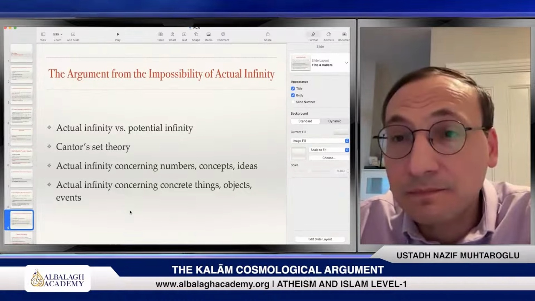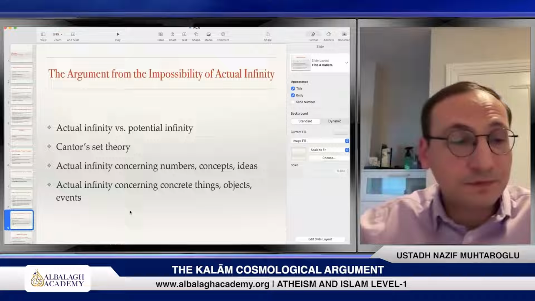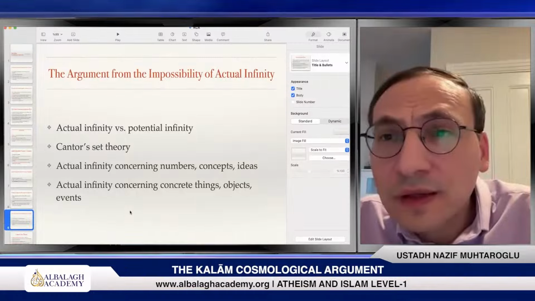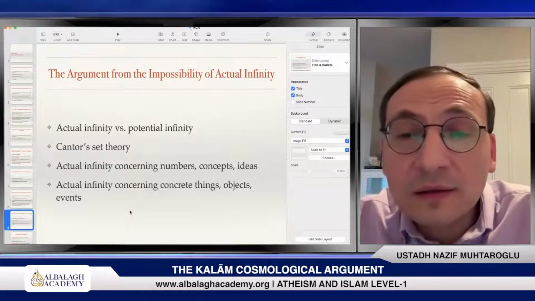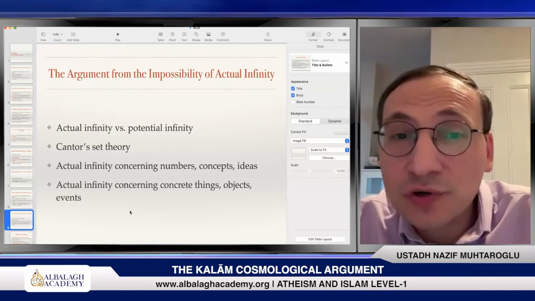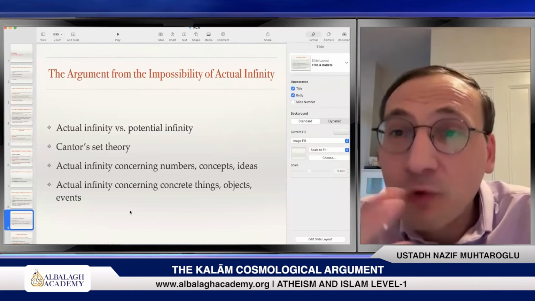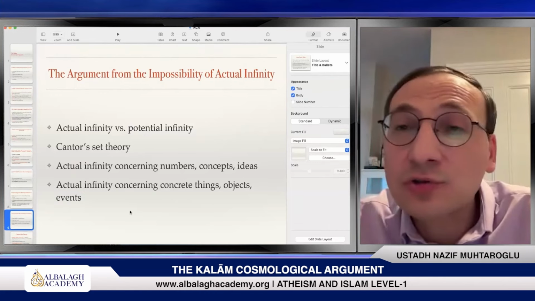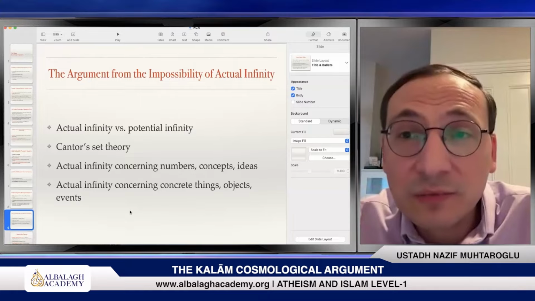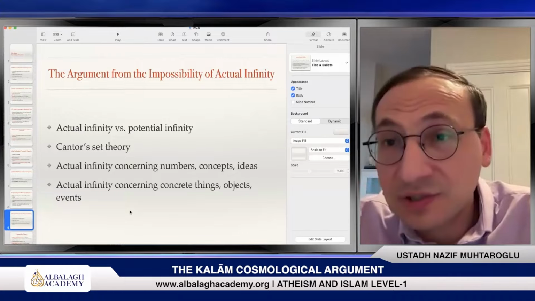He allows the possibility of actual infinity in the first type with numbers, concepts, or ideas, but not in the second type. And also, when we look at the Kalam texts, the early Mutakallimun do not make this distinction clearly, actual infinity concerning numbers and concepts versus actual infinity concerning concrete things, objects, and events. But later Mutakallimun make that distinction.